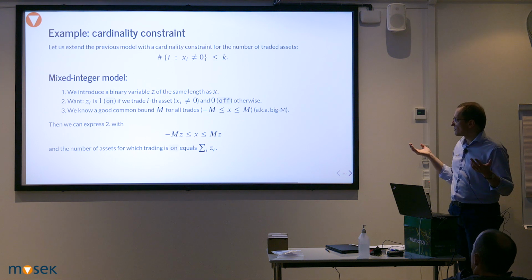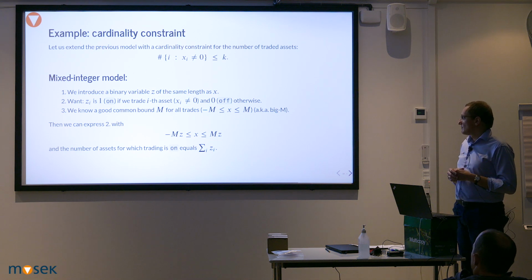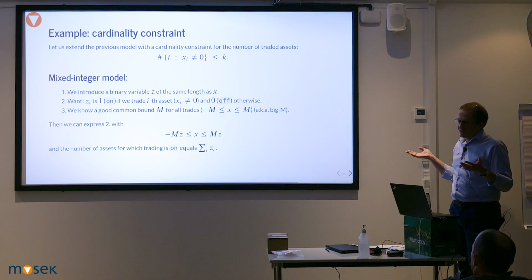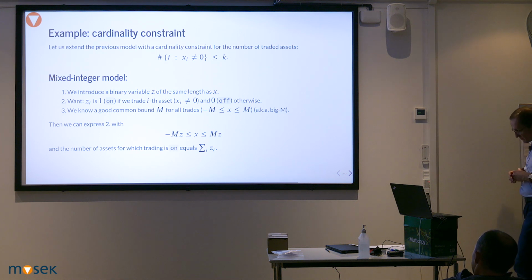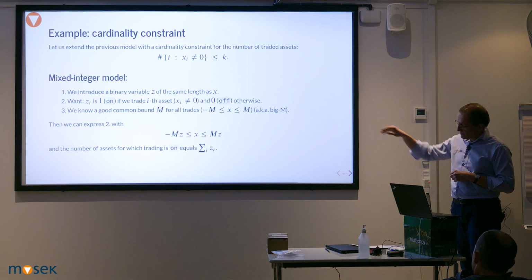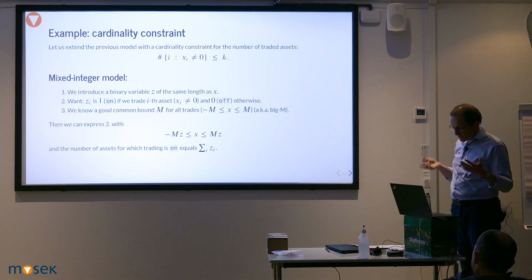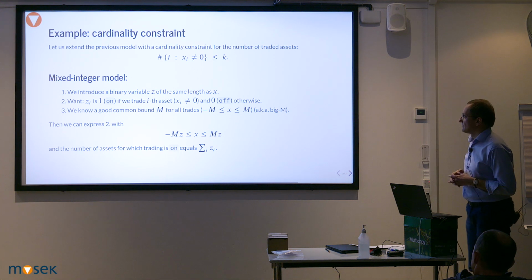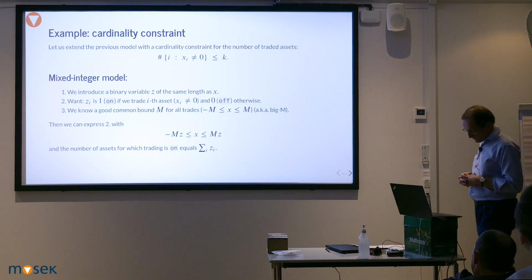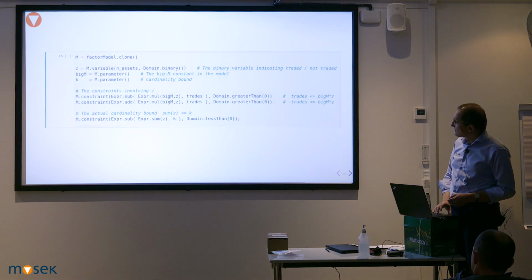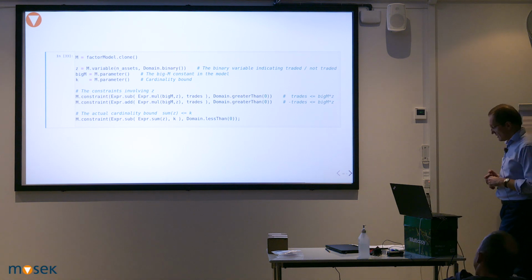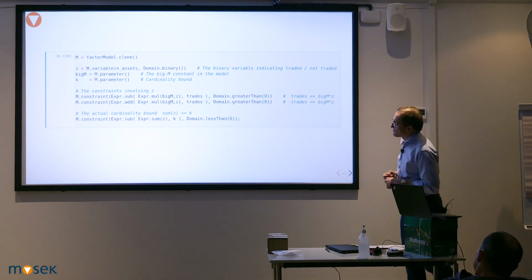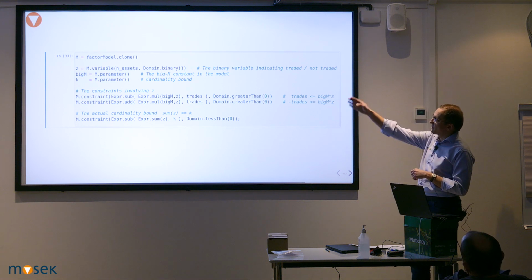If z is non-zero, in this case 1, then the constraint is redundant because we already know that x is between minus M and M. So in other words, with this linear expression we can formulate this counting principle, that the z_i's count the x's we are investing in. And like before, we can take the original factor model and just make this extension explicitly. We define the binary variables.